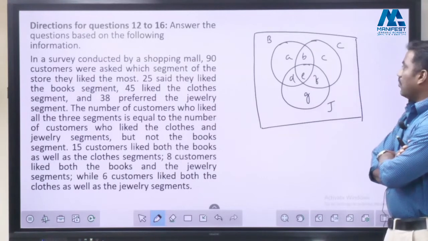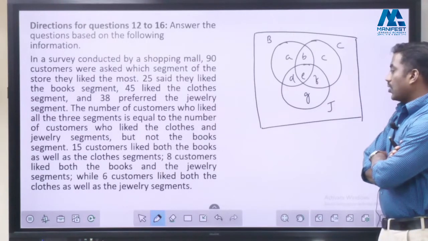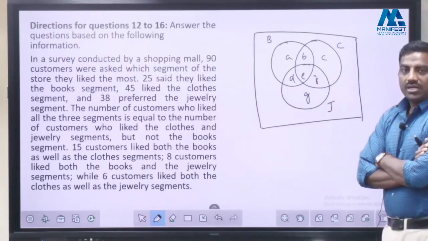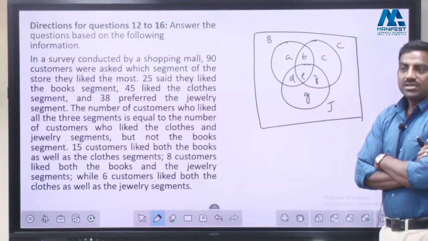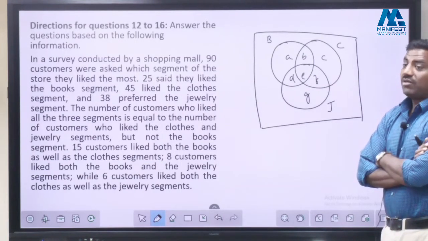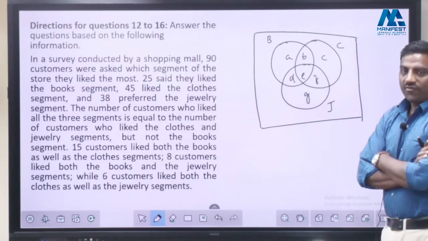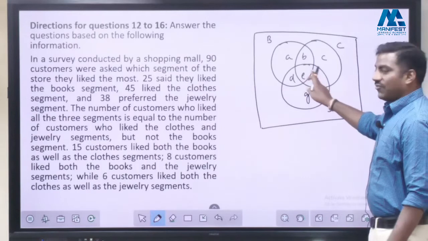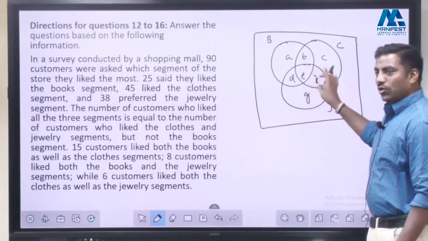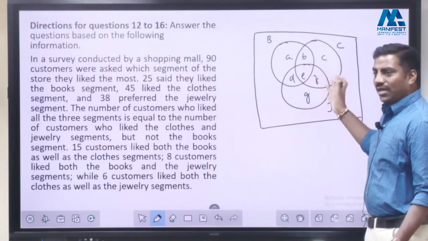E and F together is 6. But we have already established one more equation: E is equal to F. E plus F is equal to 6, and E is equal to F. That means E is 3 and F is 3.